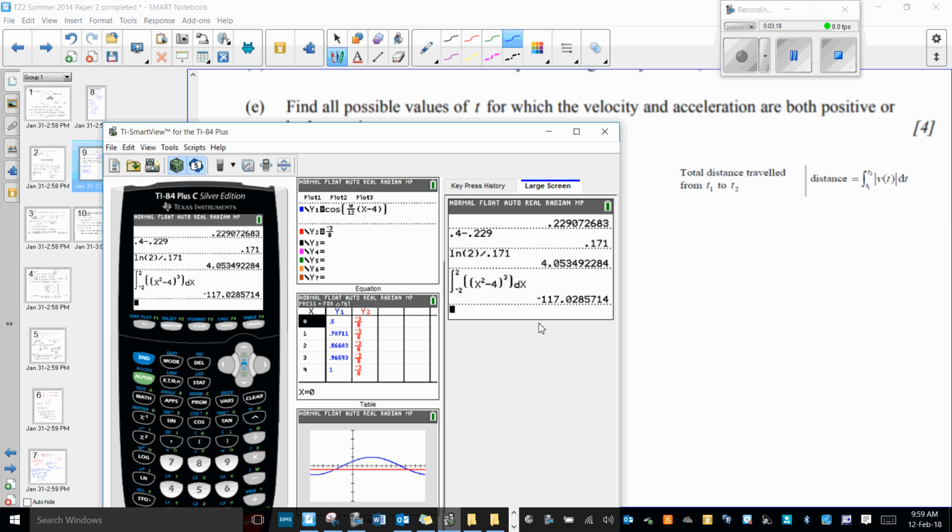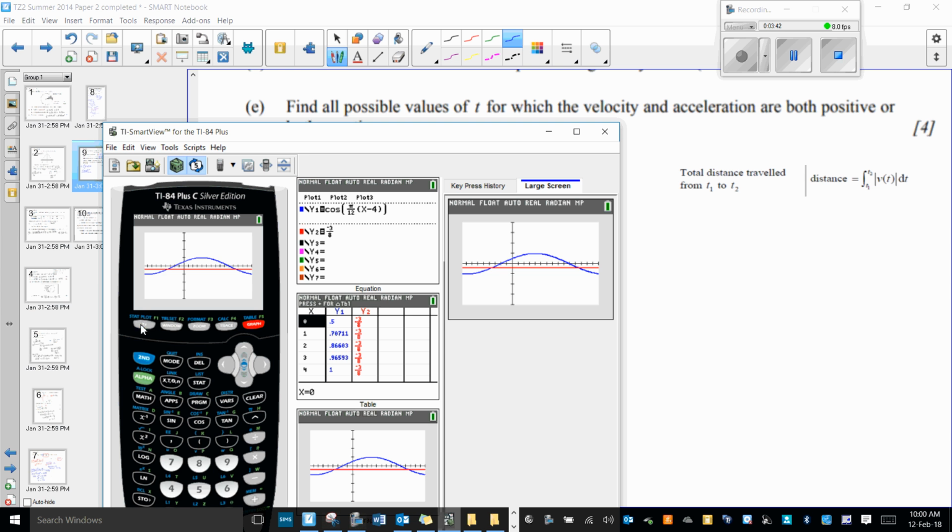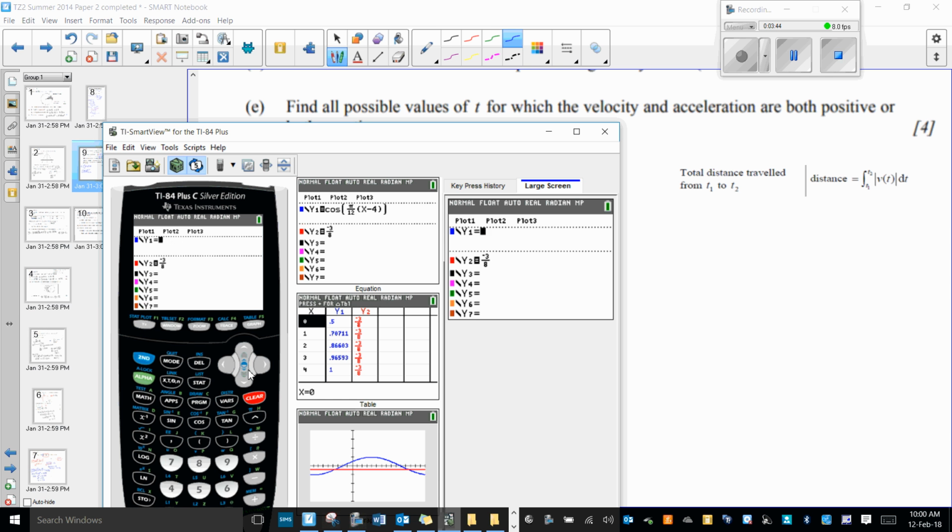Actually, what we should do first is check, because remember it's the total distance, so we need to check whether any of the graph is underneath the axis. So if we just graph it quickly.